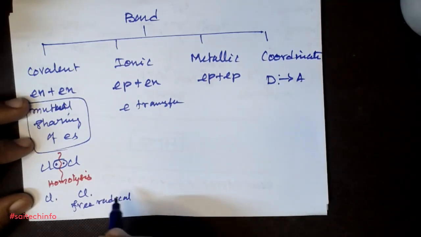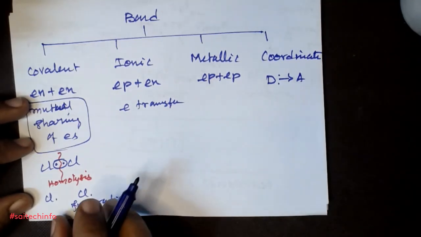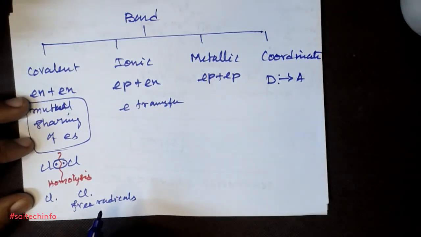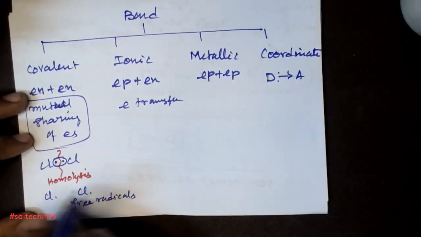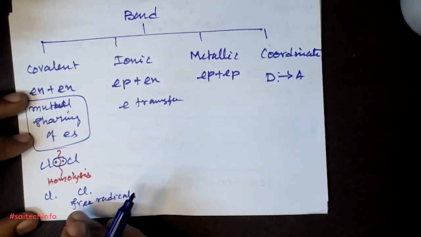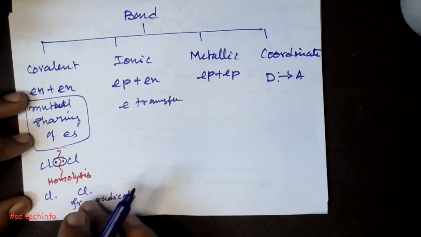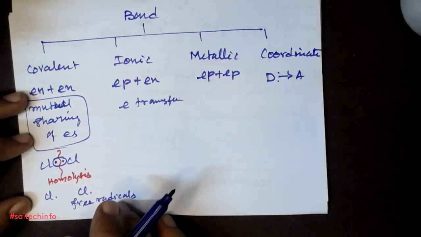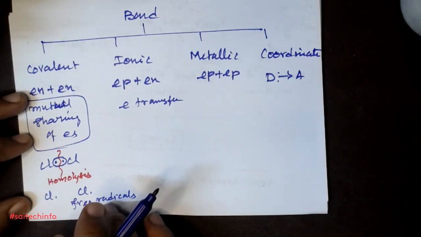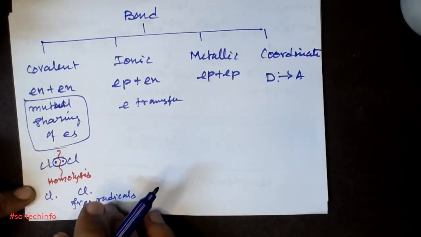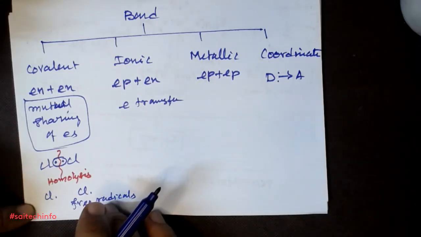Highly energized atoms. An atom with an odd electron is called a free radical. There is no charge involved, but they have the odd electron. That is why they are highly energized. This kind of reaction takes place in the presence of sunlight, and that is why it results in homolysis, resulting in free radicals.